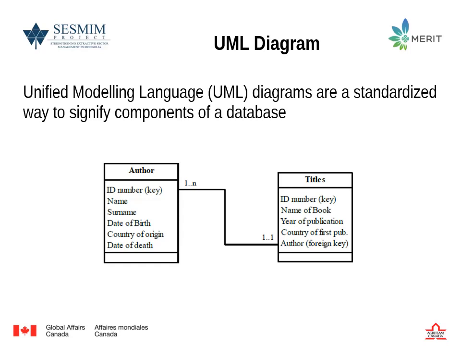You have authors and all the fields in the author table, and then you have titles and all the fields in the title table, and you also notice there's an ID number in both of them, so that would be the primary key. And then titles also has a foreign key, which is the primary key of the author table. You can also see that the relationship between those two tables is mapped. So we have 1 to n and 1 to 1.